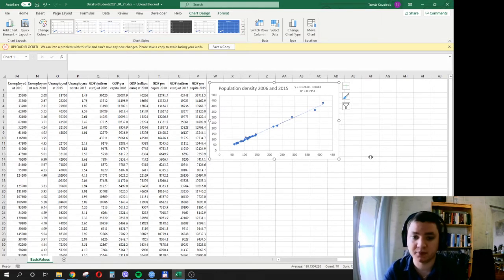So the spatial structure of the population density has a very huge past dependency.